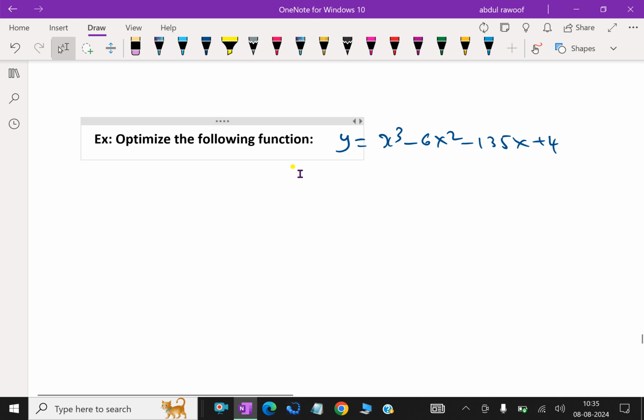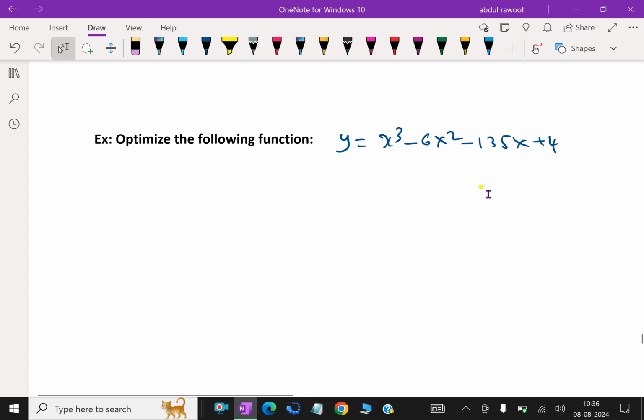Look at here, optimize the function y equal to x cube minus 6x squared minus 135x plus 4. Then we will continue this.